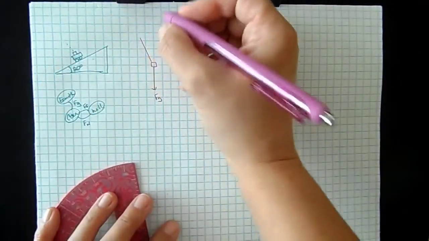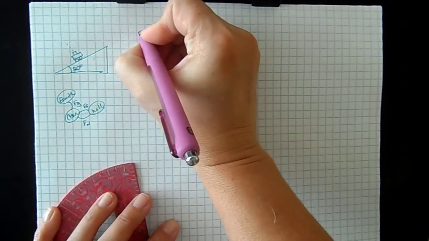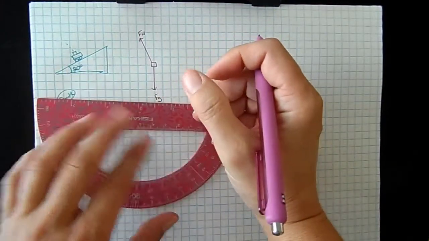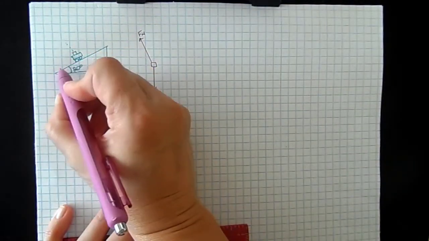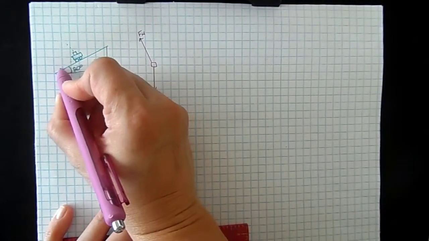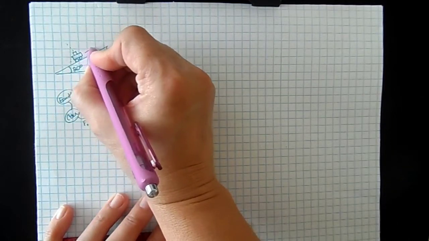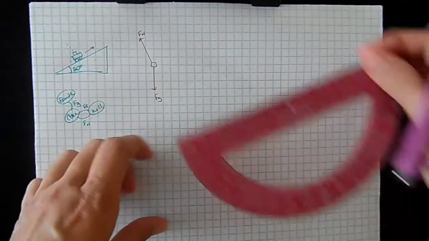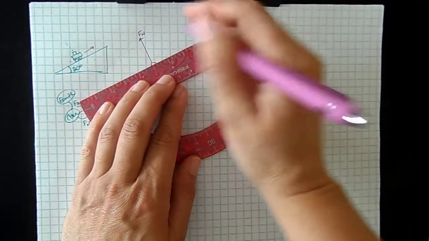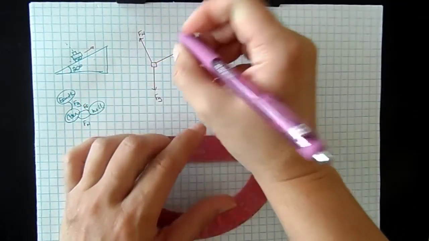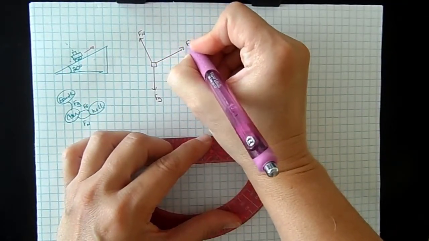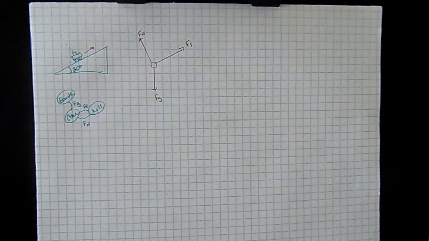This is not to scale, but we have our normal force going up this way. And then friction, so if the car were to start moving, it would be going this way. So friction has to be acting opposite of that motion. So it's going to be acting parallel to the surface. So that's going to be our force diagram.